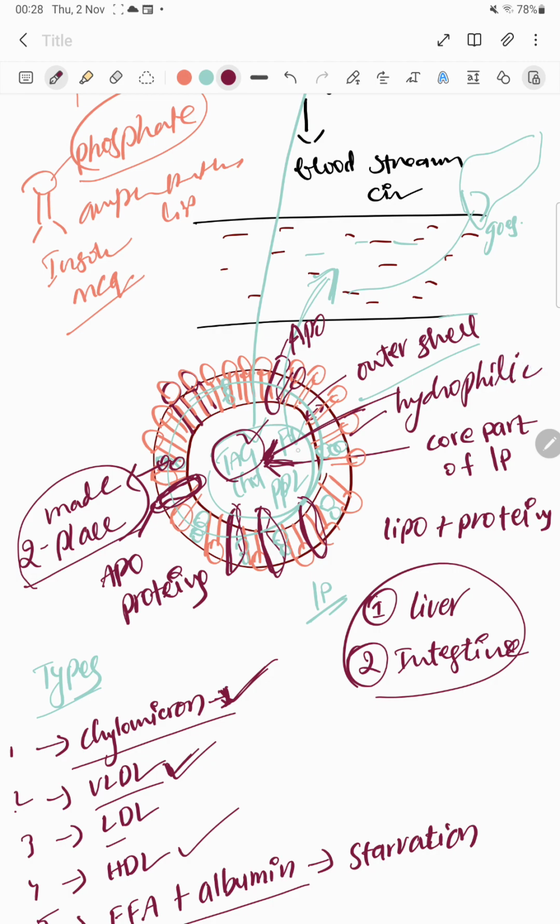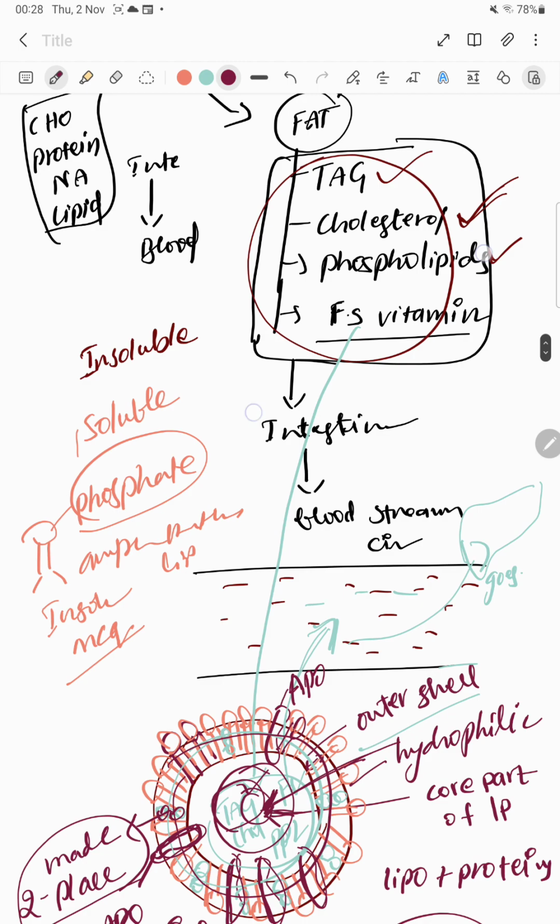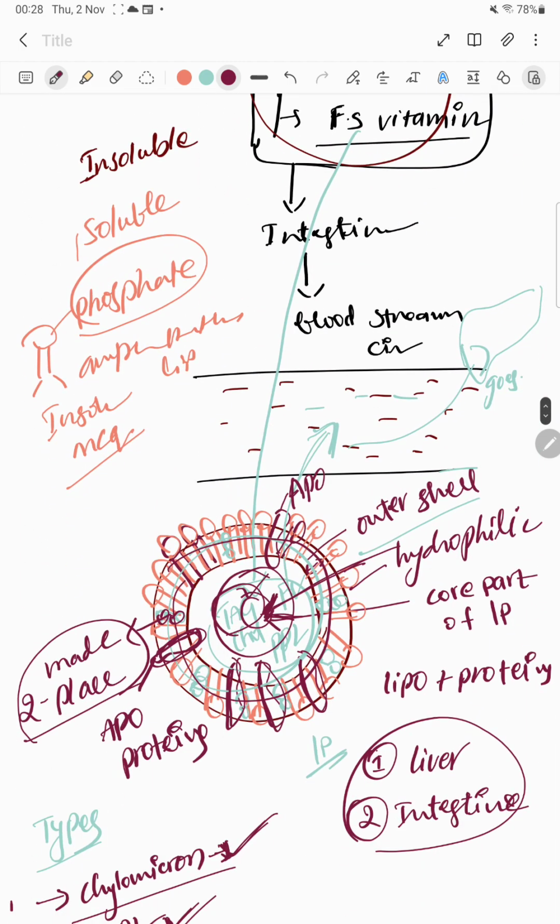hydrophilic or soluble part. This is the soluble part of lipoprotein. The outer orange color phospholipids and proteins give this lipoprotein its soluble nature, and inside this is a hydrophobic or insoluble region, in which all the dietary fat and body fat will be loaded, and the soluble part can easily circulate inside the blood and reach the required destination for the delivery of triacylglycerol, cholesterol and phospholipids.